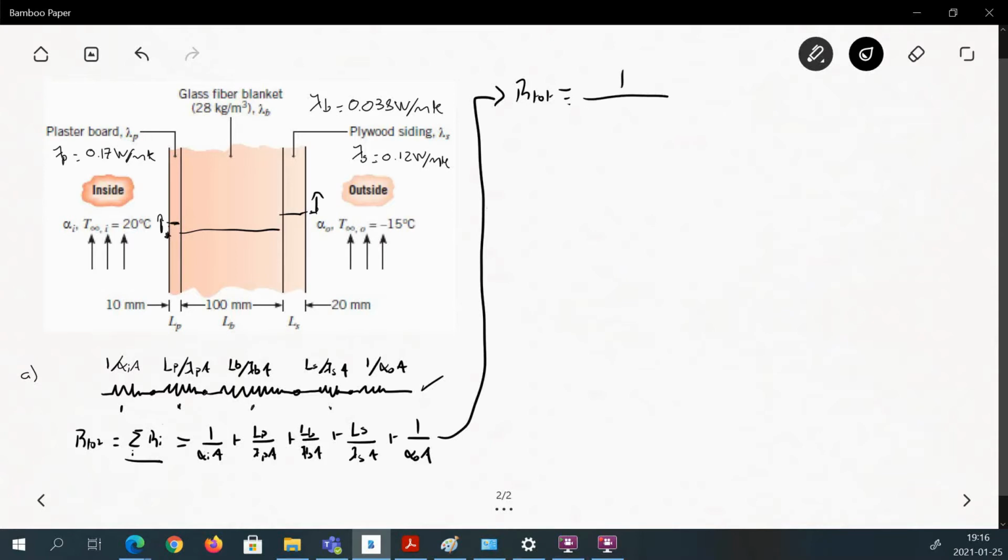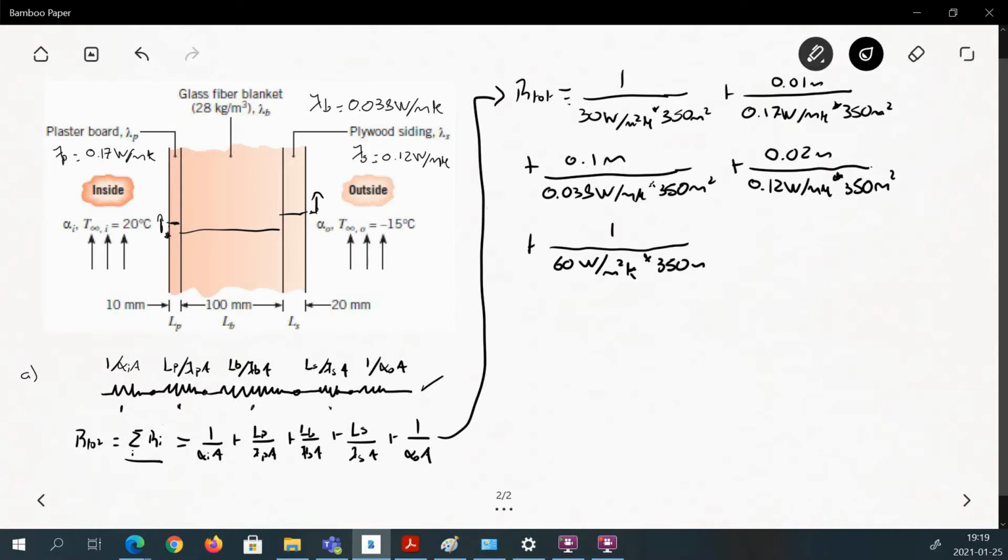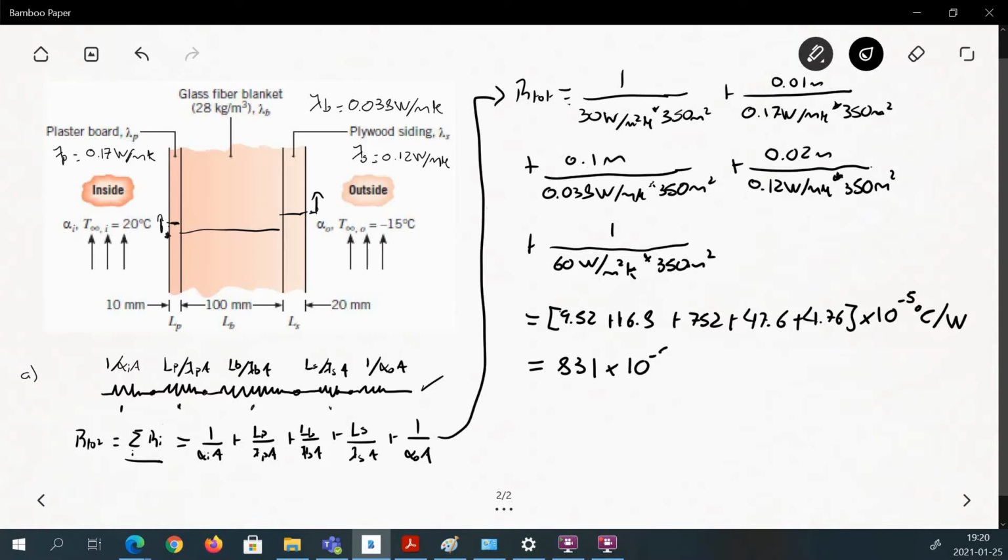So this is 1 over... then we got the result 9.52 plus 16.8 plus all of these multiplied by 10 to the minus 5 grade centigrades over watts, which gives a final result of 831 times 10 to the minus 5 grade centigrades over watt.